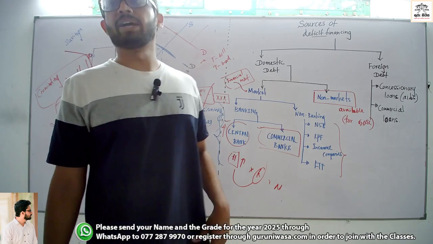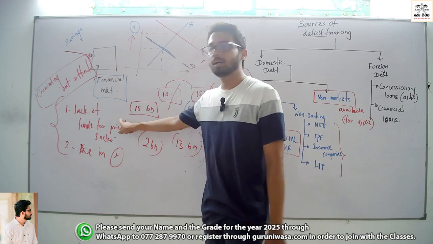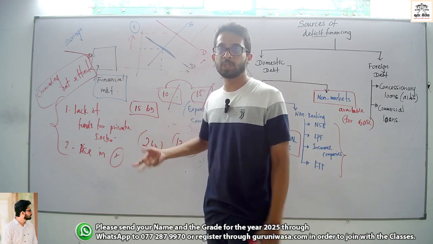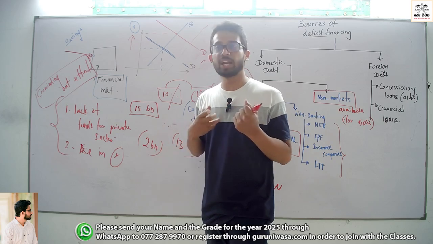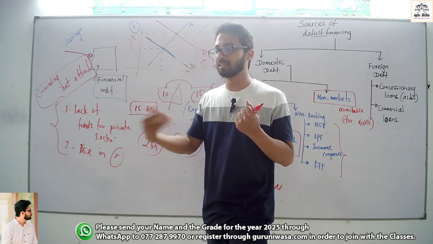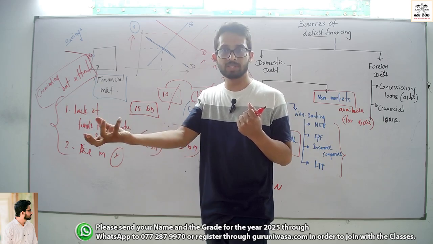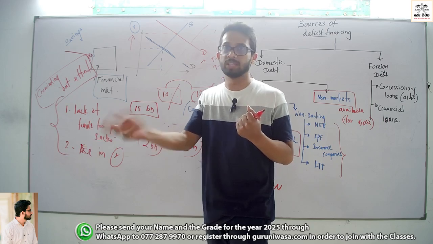Then when the government borrows funds from the financial market, number one, the private sector will end up with a lack of funds because the government puts its big hand and takes more money from the financial market. Then there will be a very limited amount of loanable funds for the private sector. It will reduce the investment of the economy. That's not good.